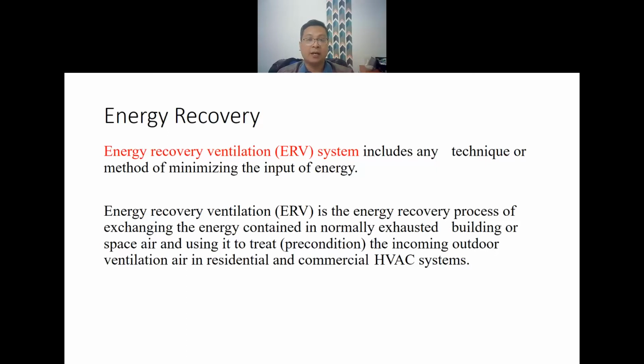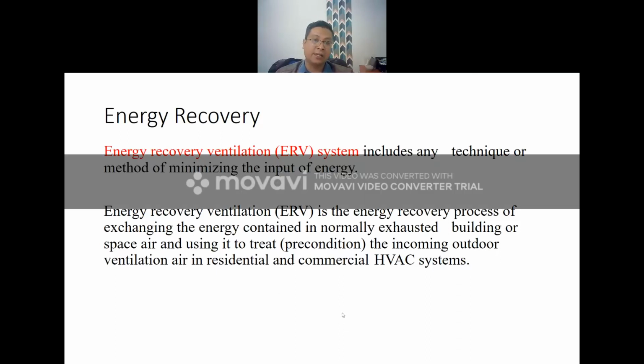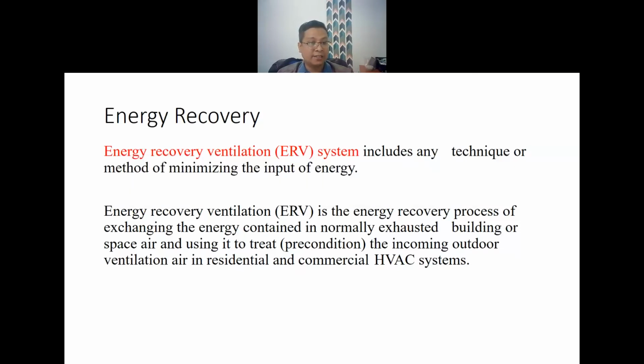We try to make high efficiency by energy recovery. Energy recovery ventilation is the process of exchanging the energy contained in normally exhausted building or space air and using it to precondition incoming outdoor ventilation air in residential and commercial HVAC systems.